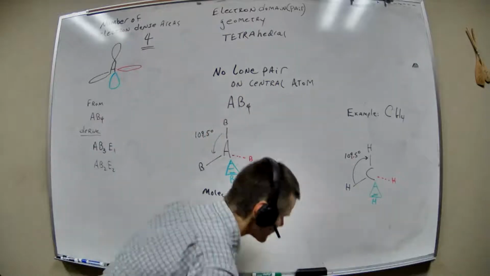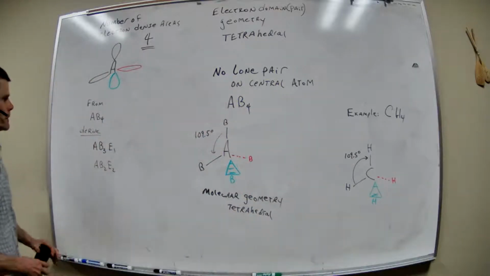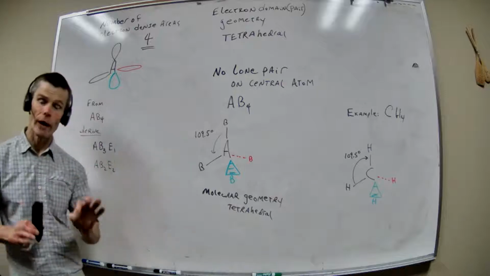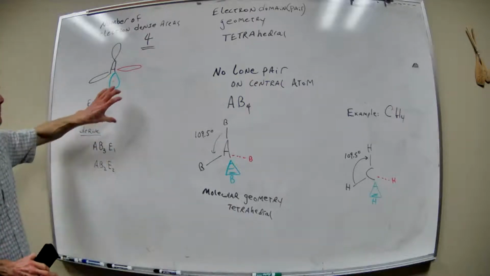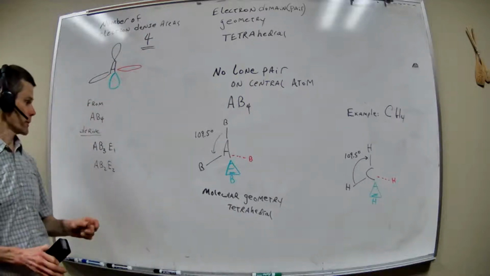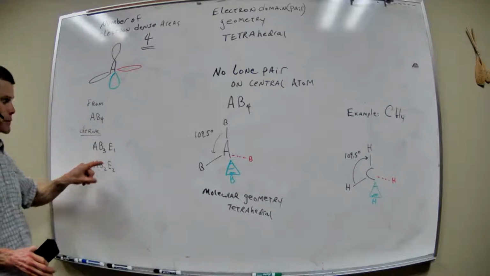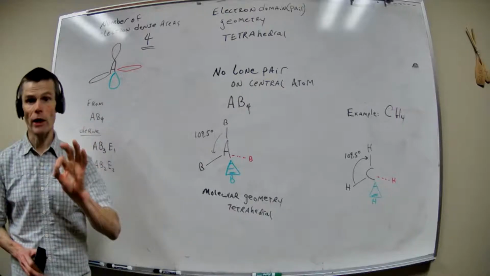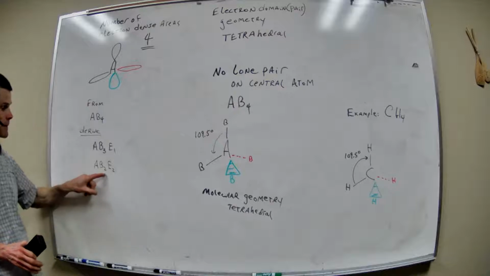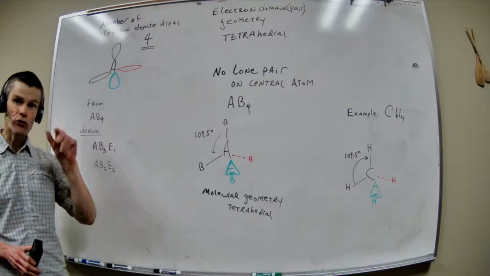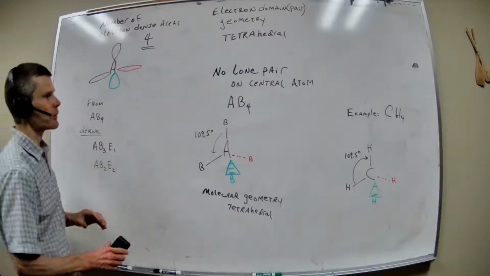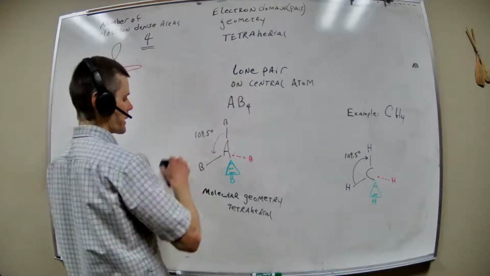What we're going to show in this part of our video is that we can derive 2 other geometries from this generalized structure. And these are going to involve the AB3E1, which has 1 lone pair, and an AB2E2, which has 2 lone pair. So let's begin with 1 lone pair.